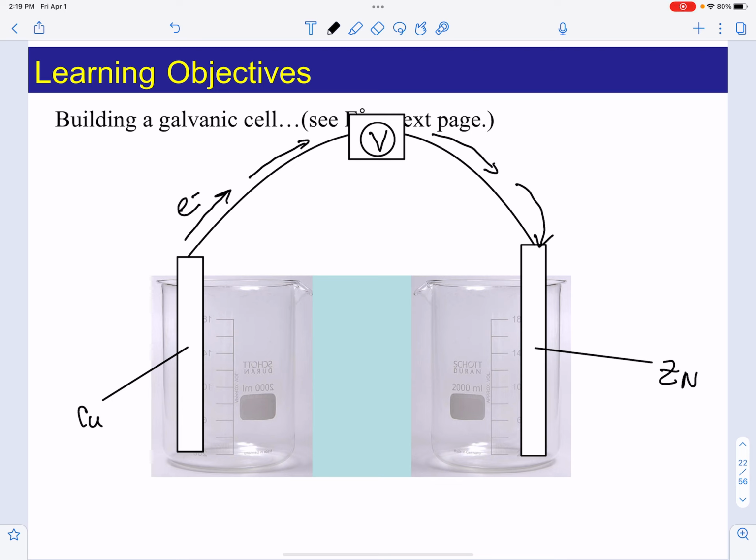However, those electrons are going to try to find a place, and this is pure zinc. We're not talking about a cation that can take electrons. We're talking about pure zinc, so the electrons are not going to be able to get anywhere. There's no place for them to land.